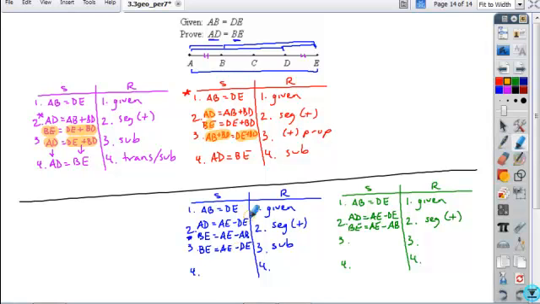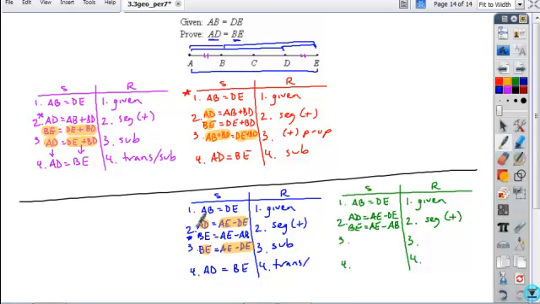And what you can now do, you have two things, AD and BE, that are equal to the same thing, AE minus DE. So if two things are equal to the same thing, they're what compared to each other? They're equal to each other. So AD and BE have to be equal, and the reason is transitive property.